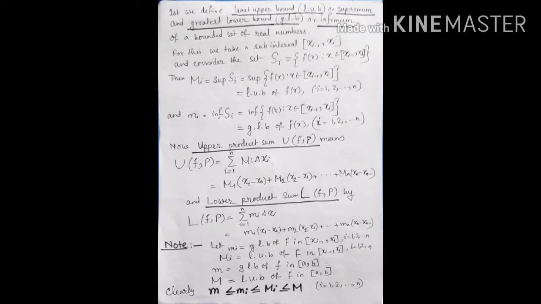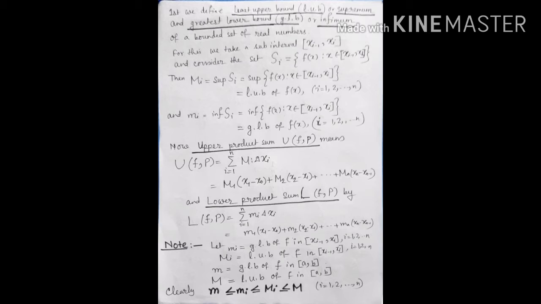For this we take a subinterval [xi-1, xi], and we consider a set Si such that Si = {f(x) : x belongs to [xi-1, xi]}. Now Mi = supremum of Si, that means the supremum of f(x) such that x belongs to [xi-1, xi], and this is our supremum, meaning the least upper bound of f(x).